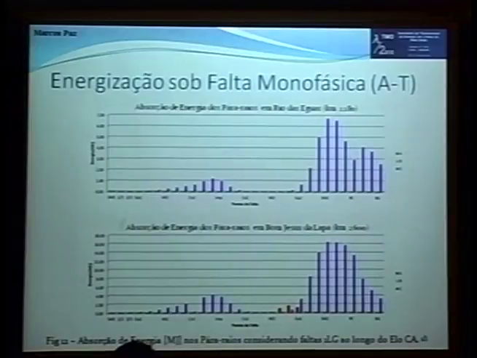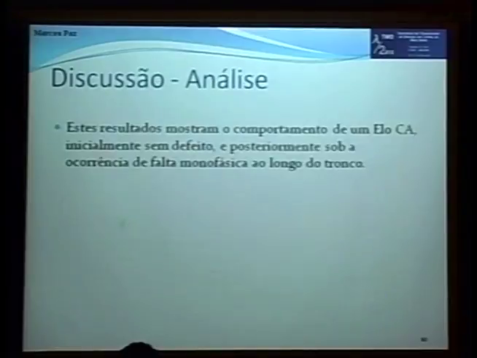And the surge arresters in Bom Jesus at the end terminal were the most demanded ones with the applied faults here. So on these surge arresters, the absorbed energy was higher or above the device capacity. So this region from Gurupi 2 until Bom Jesus da Lapa would be the most critical region for a single phase fault in the line.